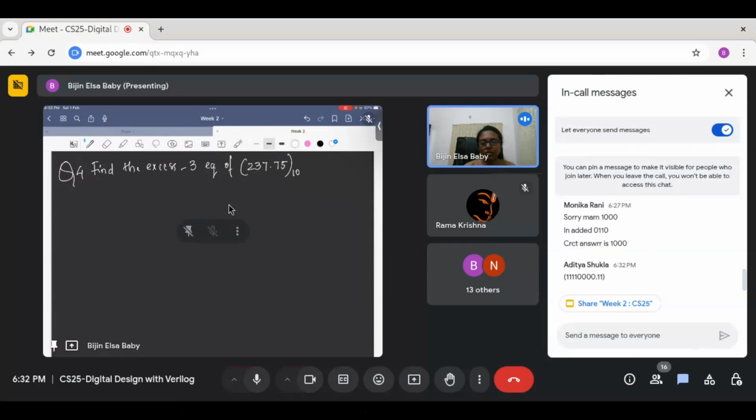All of you solve this question, tell me the answer. Remember one thing, excess 3 is also a type of BCD code.